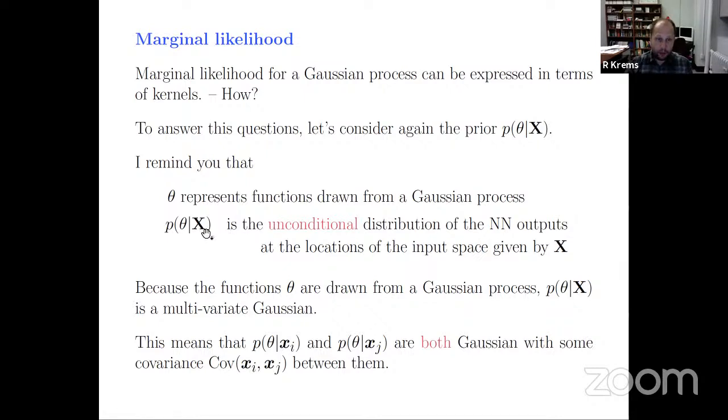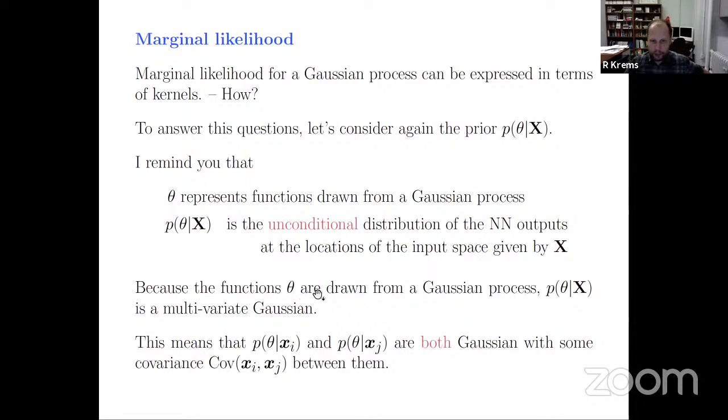So P of theta is going to be the unconditional distribution of the neural network outputs at the locations of the input space given by this data matrix here. So this is again our prior. Now, because the functions theta are drawn from a Gaussian process, each value of theta is going to correspond to one of those random functions that I plotted yesterday in this distribution of functions that represents a Gaussian process, right?